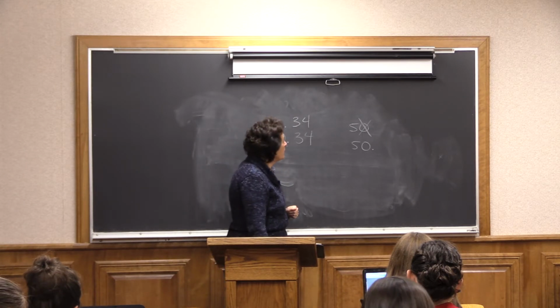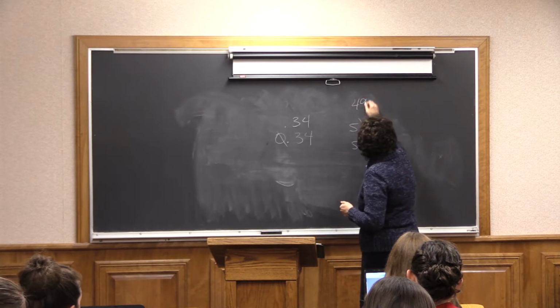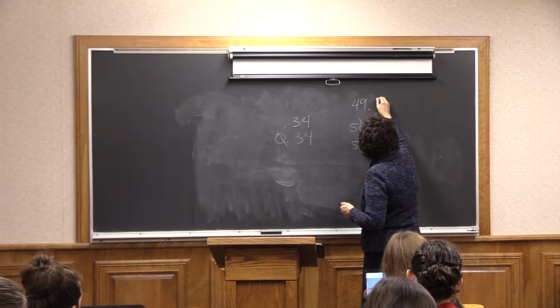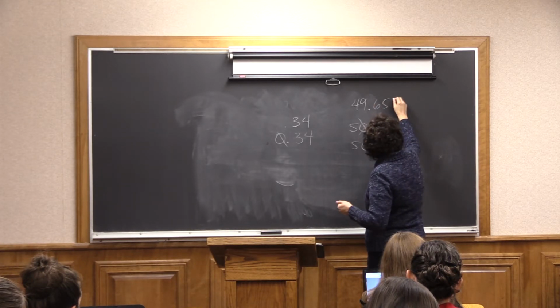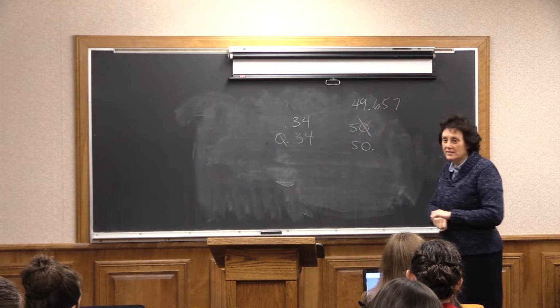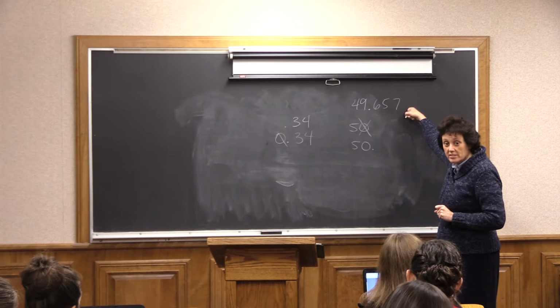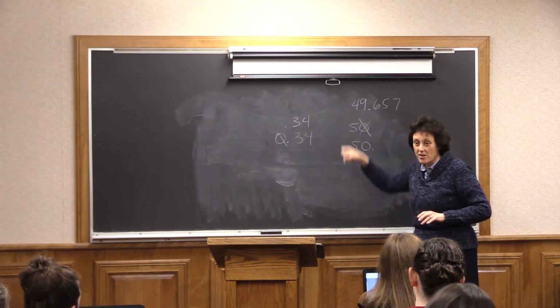All right, so let's just take the number 49.65. I'm going to keep the numbers a little big here. At this point, how many significant digits does this have? 5, because all numbers are significant.